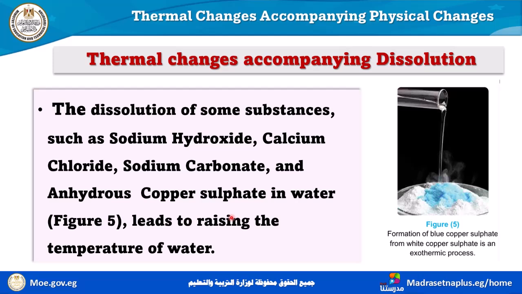So T2 will be higher than T1, because when we add sodium hydroxide, for example, to the water and stir it, the temperature of water will rise, because this dissolution leads to increasing the temperature, and this dissolution is an exothermic process.